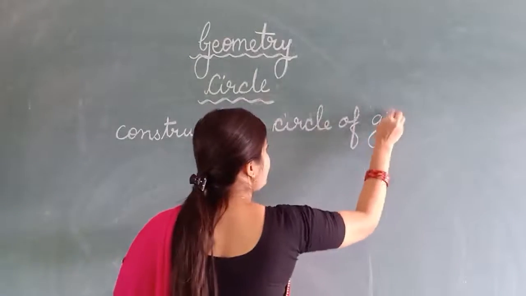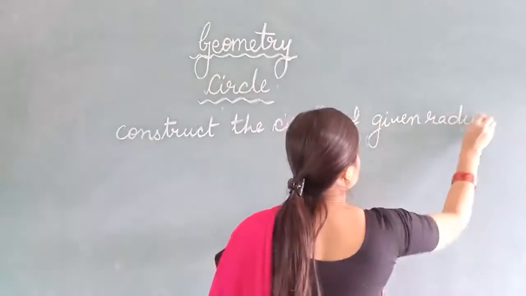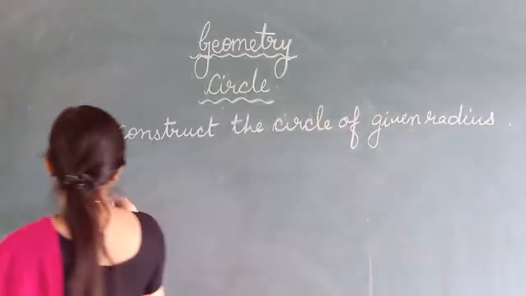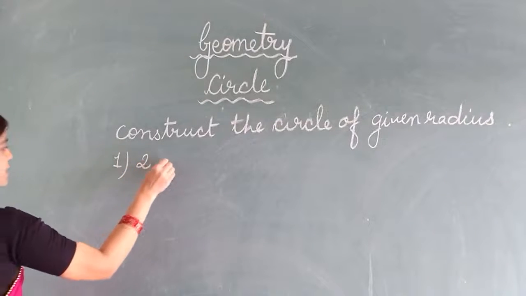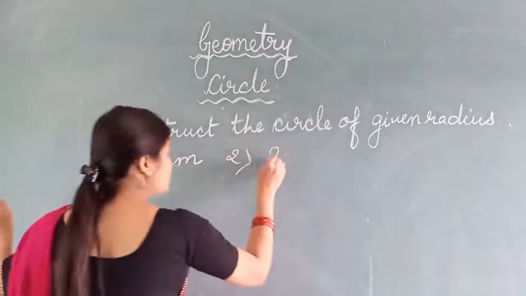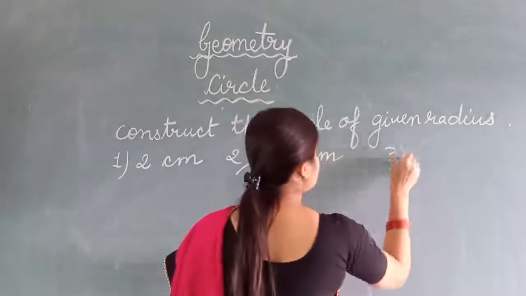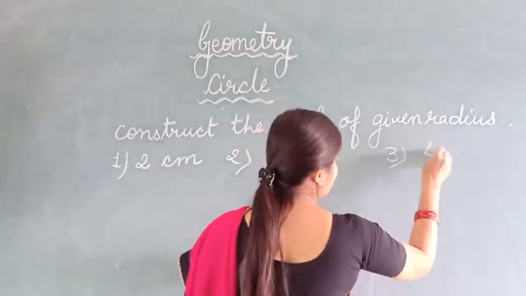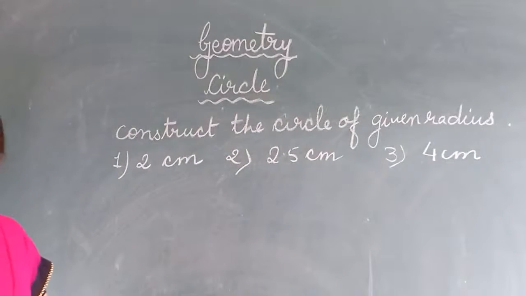Okay, it is the practice time, you do by yourself. Okay, and you will enjoy it, I know. 2 centimeter. Second is 2.5 centimeter. And third is of 4 centimeter. You construct the circle of these given radius.